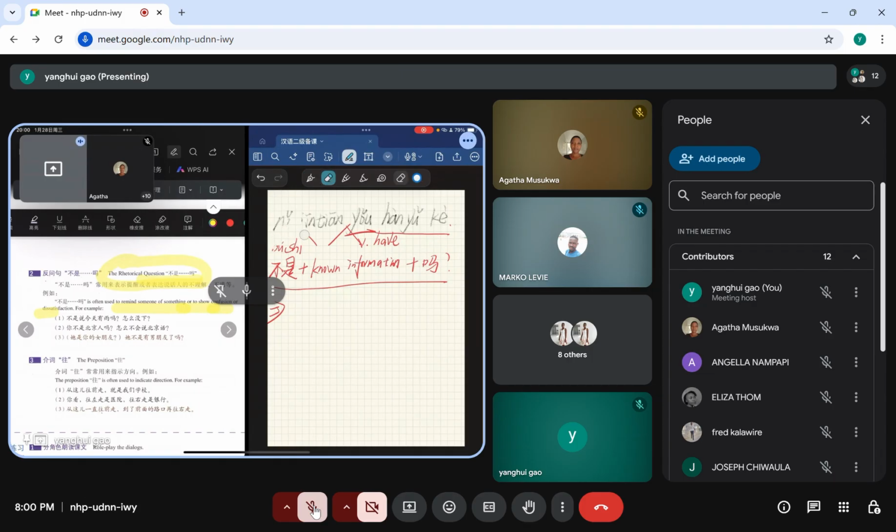But we usually put the 不是 before the verb.